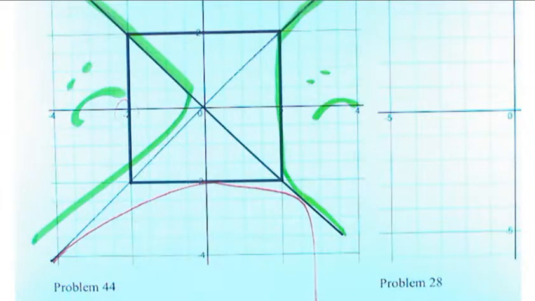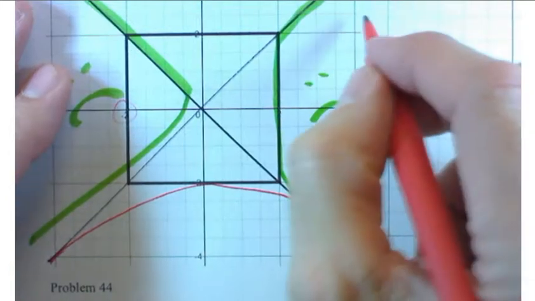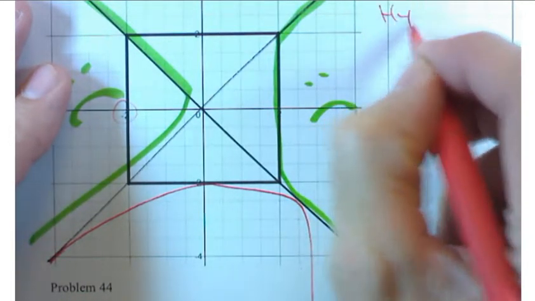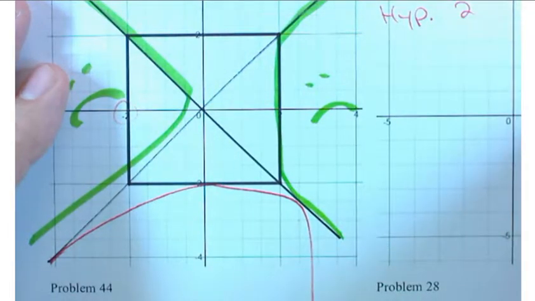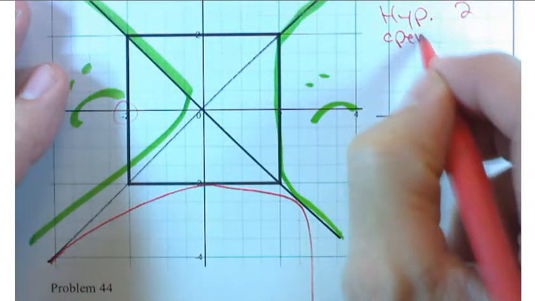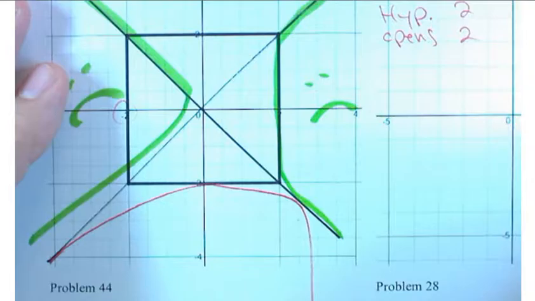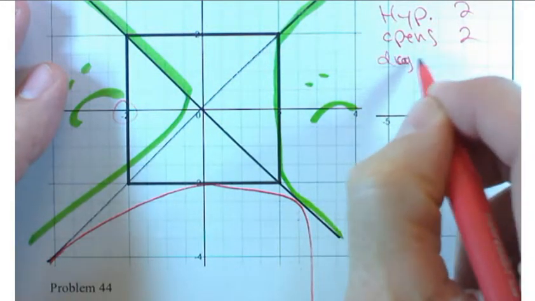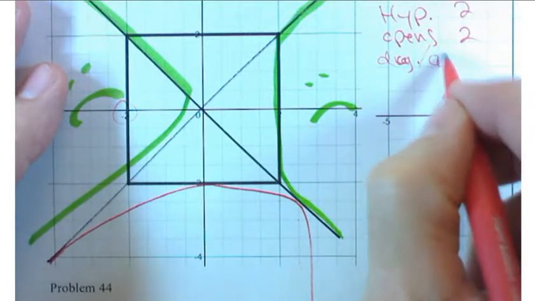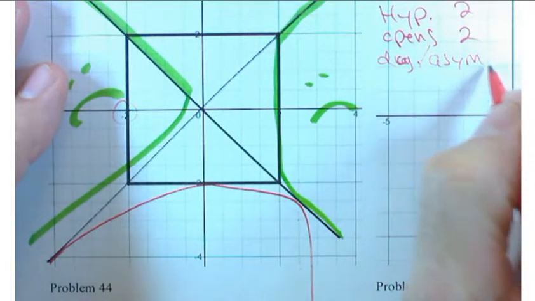As far as a test is concerned, I'd probably grade it like this. First of all, if you drew a hyperbola at all, probably got 2 points. If it opens the correct way, got another 2 points. And then the diagonals, the asymptotes, that's another 2 points.